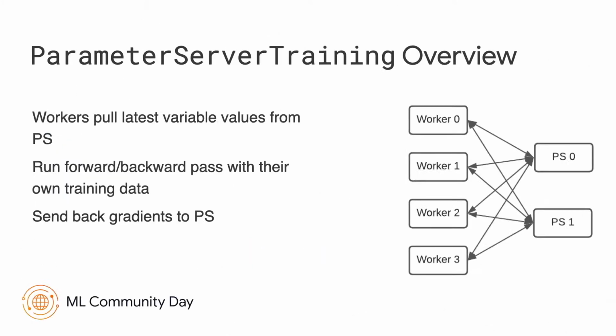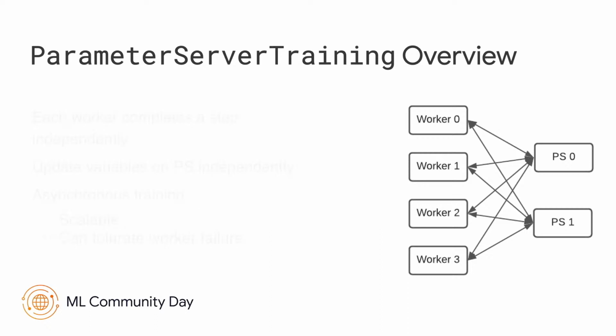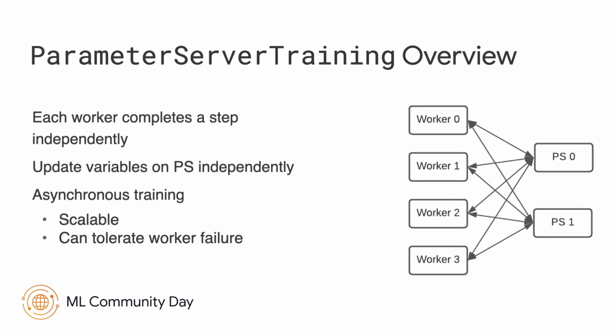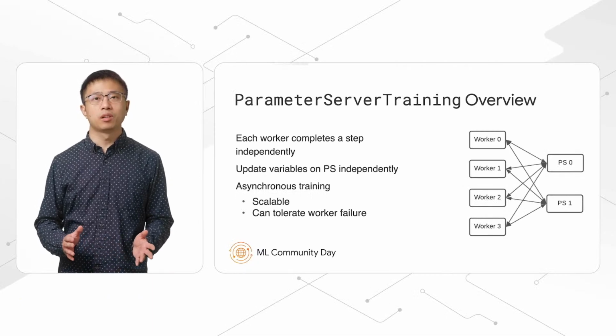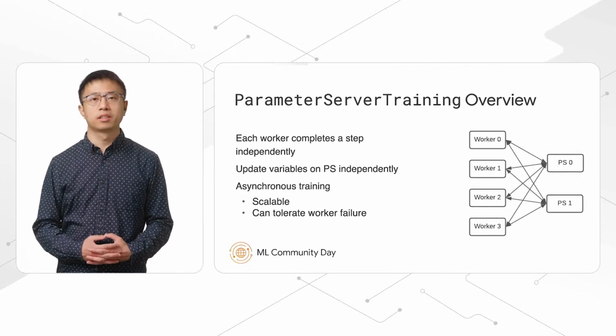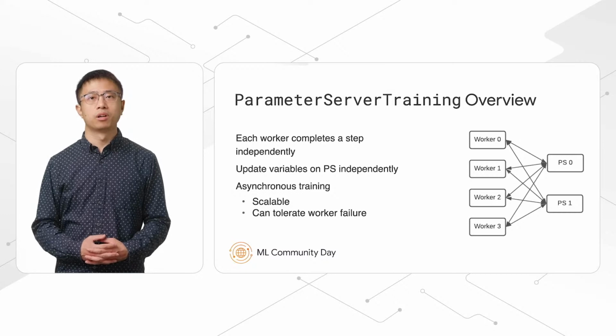In each training step, workers pull the latest variable values from parameter servers, run forward and backward passes with their own training data, then send back gradients to parameter servers. Each worker completes a training step on its own. They update the variables on parameter servers independently. This is why we call it asynchronous training. It is scalable and can tolerate worker failure.